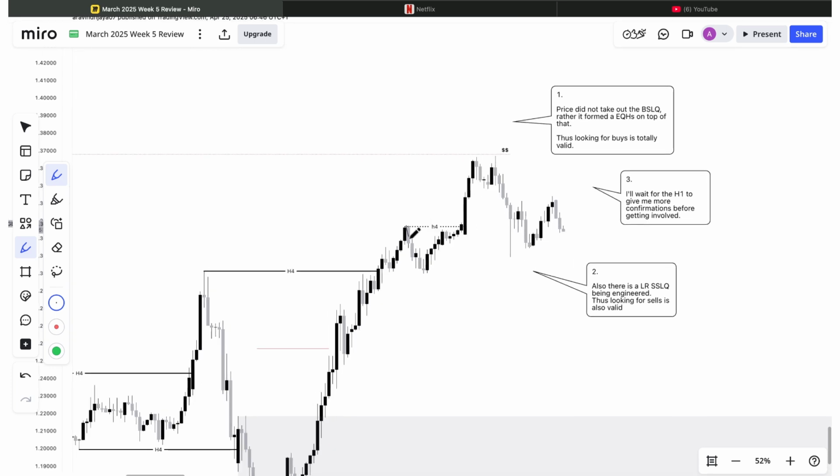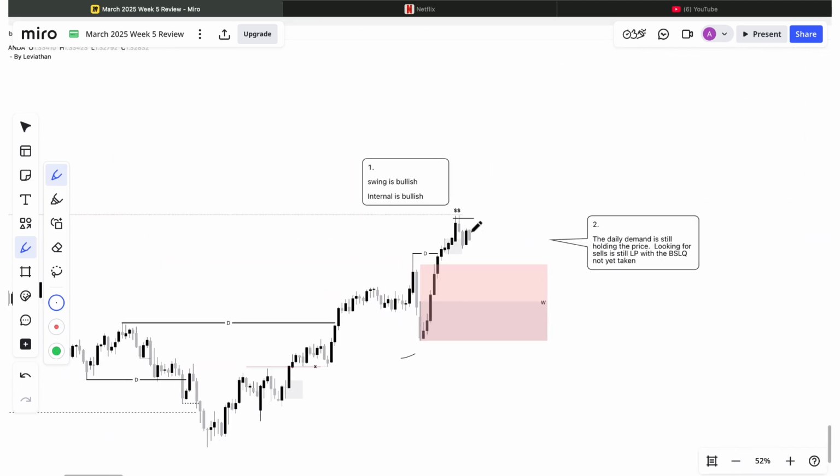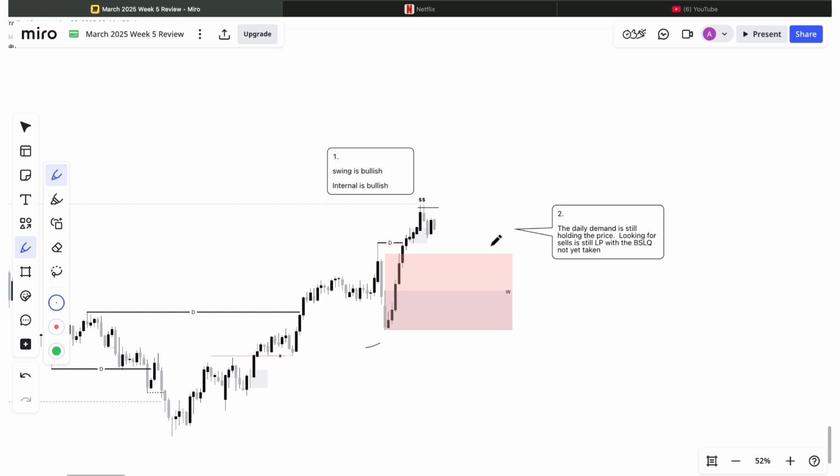Yeah, the daily demand is still holding. So anytime the price can push up, but one thing that I identified is that because there are multiple mitigations into the daily demand, I expected it could fail because of multiple mitigations.